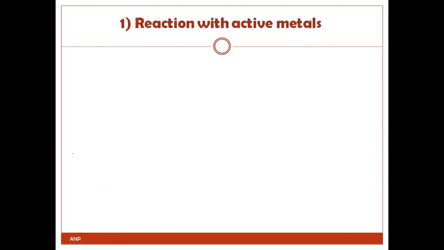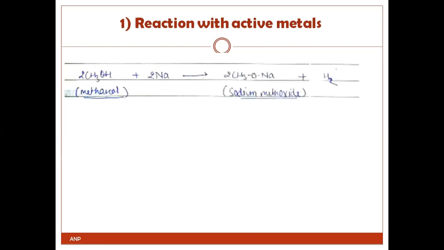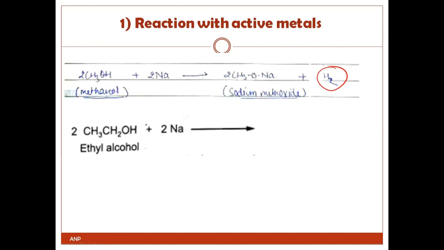First important reaction: reaction with active metals. Alcohols react with sodium or potassium to form alkoxides with the liberation of hydrogen gas. This reaction shows that alcohols are acidic in nature.